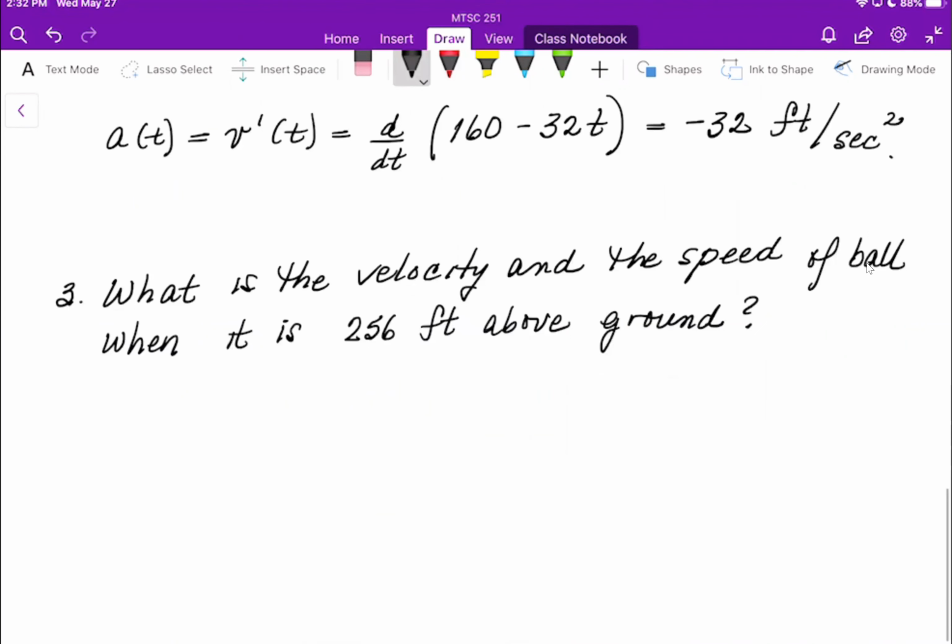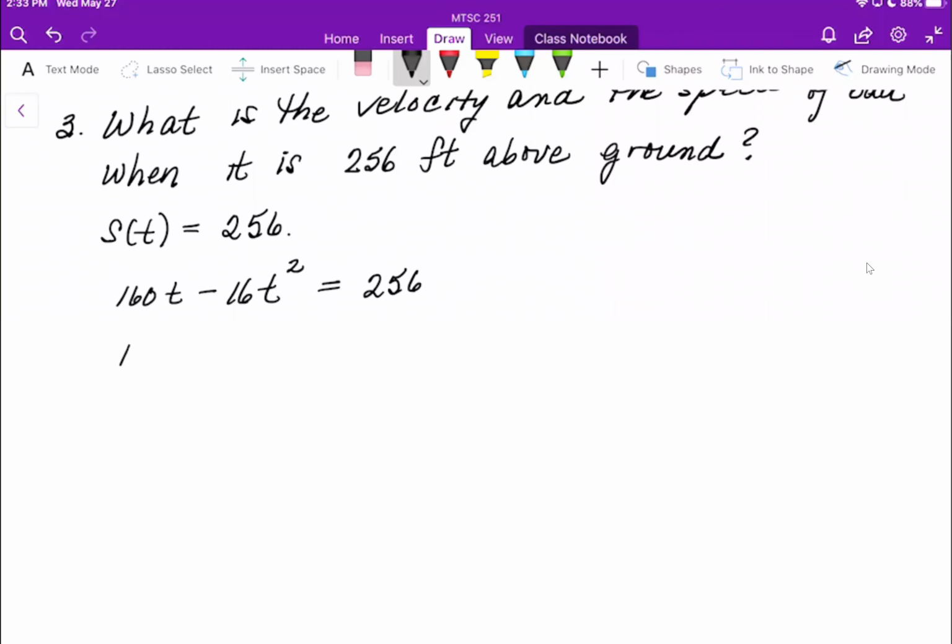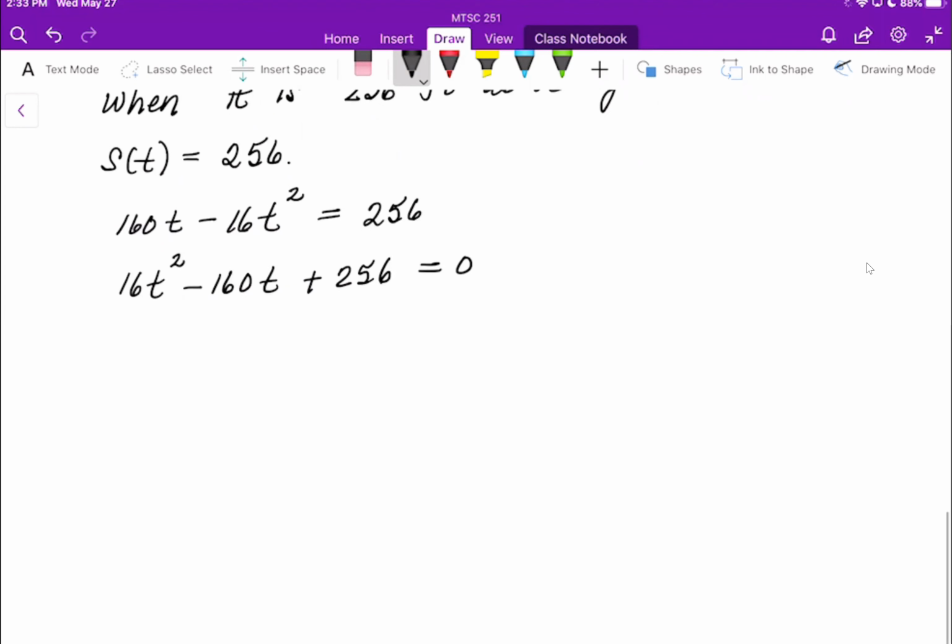So now we want s of t to be 256. So we let 160t minus 16t squared equal 256. If we put it all on one side, we get 16t squared minus 160t plus 256 is equal to 0. Let's factor out 16.